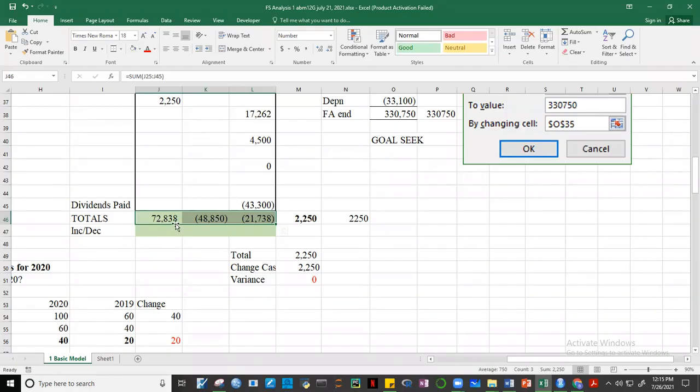Cash flow used or cash flow provided by operating? Kindly guys. Yung 72838, is it cash flow used, or provided by operating? Okay, thank you, provided. You're correct, no?